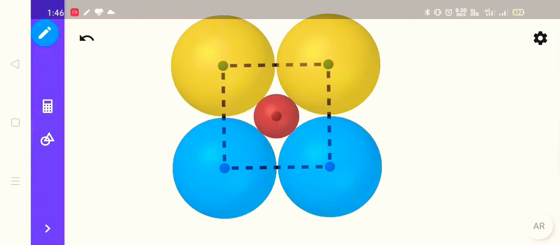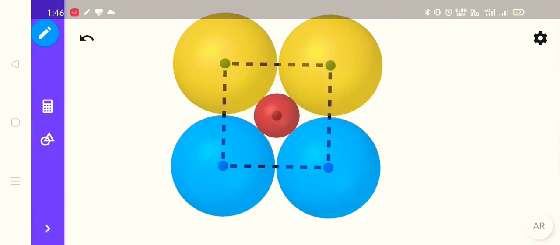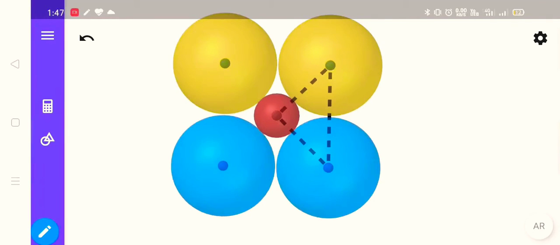Now we will try to create a triangle which has a 90-degree angle, so that we can apply the Pythagoras theorem and then find the relationship between small r and capital R. Now we can see we have a triangle which has a 90-degree angle here.